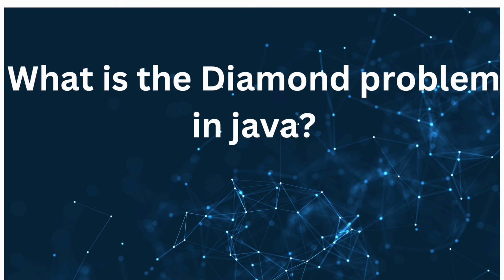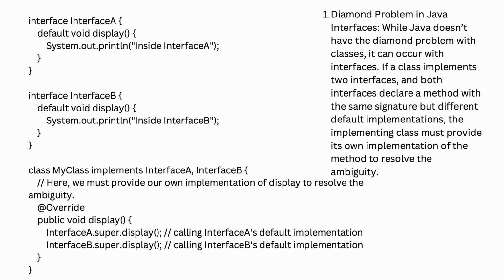What is the diamond problem in Java? The diamond problem in Java occurs when a class implements two interfaces and both interfaces declare a method with the same signature but different default implementation. The implementing class must provide its own implementation of the method to resolve the ambiguity.